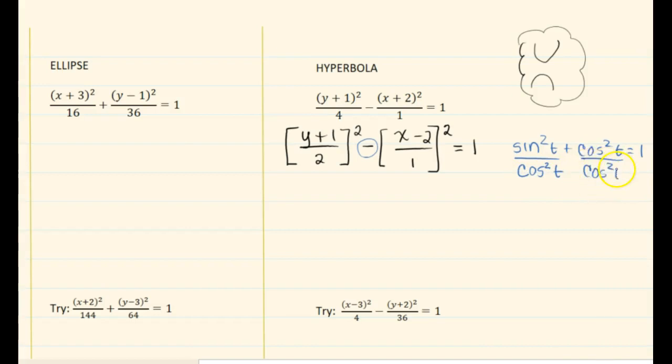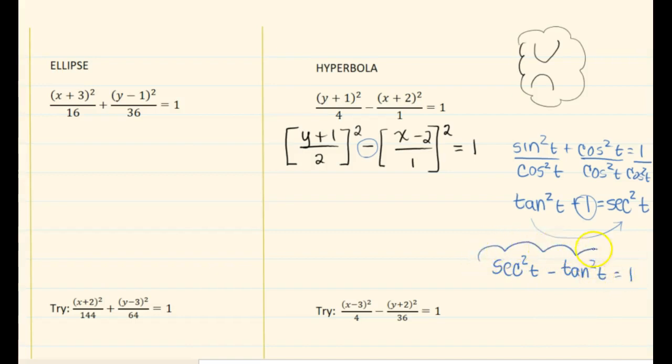That will give me tangent squared of t plus 1 is equal to secant squared of t. So we want it to equal 1, so I'm going to subtract the tangent squared. So I'm going to find secant squared of t minus tangent squared of t is equal to 1.